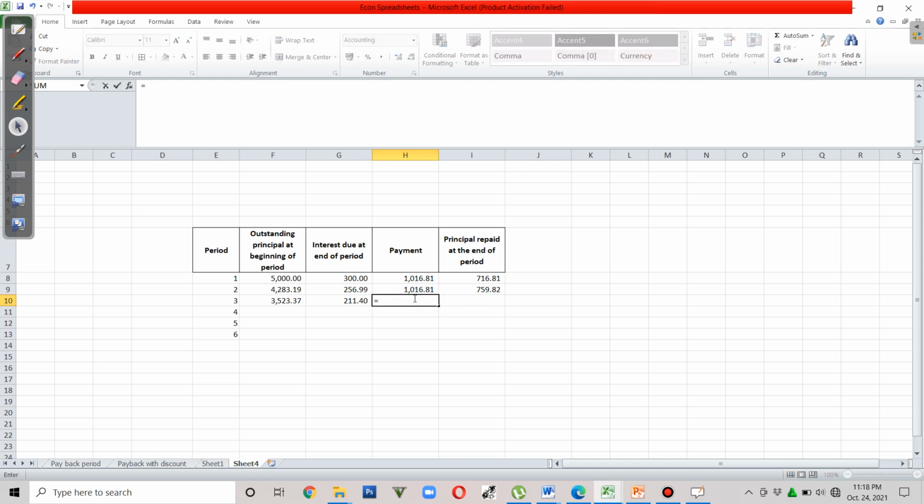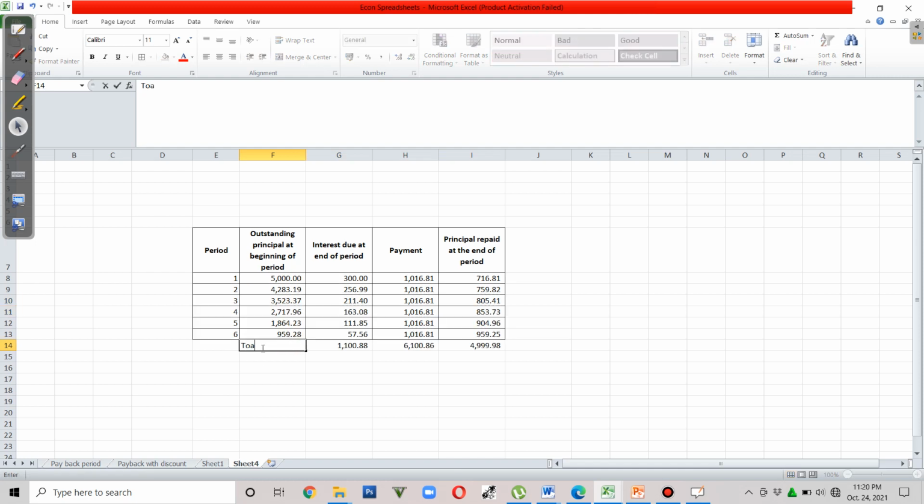Okay? And then, the principal repaid is the difference din ng payment mo versus the interest due at that period. Kung mapapansin nyo, again, tumaas na naman yung nabayaran mo kasi nga bumababa ito. Pababa ito, pataas naman yun. Okay? So, actually, you can complete the cycle up to the 6th or totals. Okay?